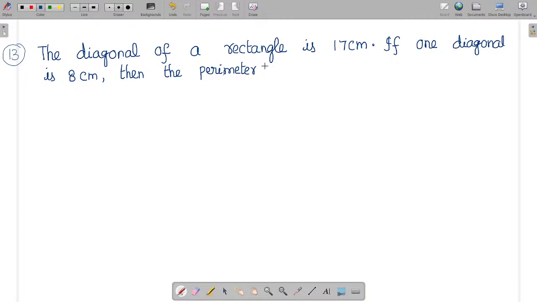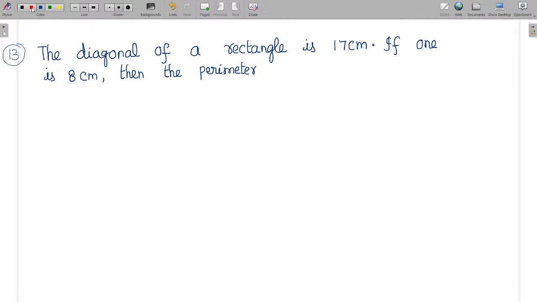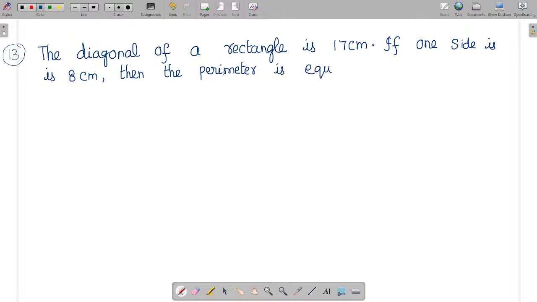If one side is 8 centimeters, then the perimeter is equal to, that means the perimeter of the rectangle we need to find out. So that is the first option.